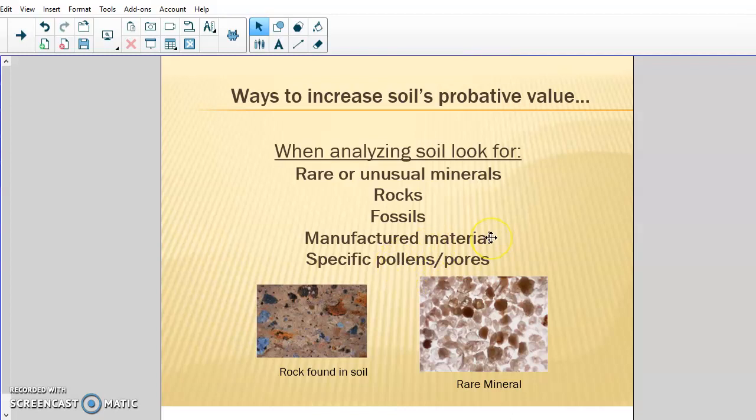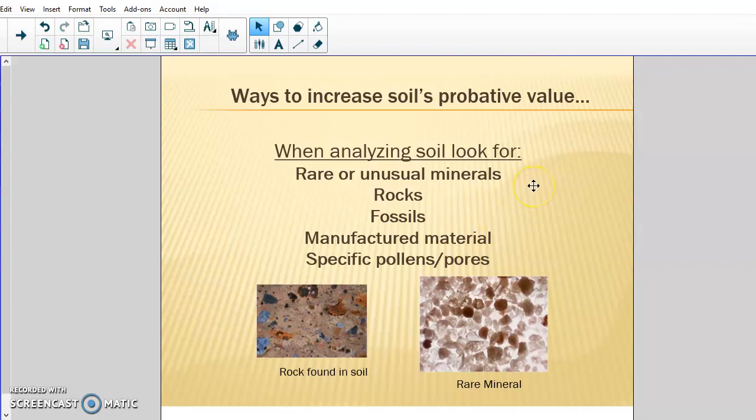So for example, if you found a red dirt that was clay-like and you were in the Sedona area, and then you also found mixed in it little purple flowers, and you found some blue and gray, hard clay-like material, and you end up at a suspect's house and they have the purple flowers in their yard and they're making pottery, and there's a smashed pottery glass that has the blue and the black pottery that you found in the suspect's shoe or in the suspect's car, then all of a sudden your probative value increases tenfold, and now you've individualized that particular soil.